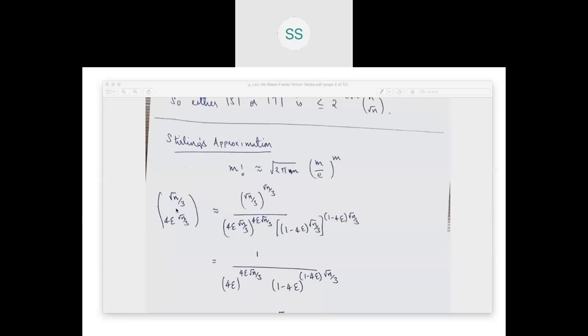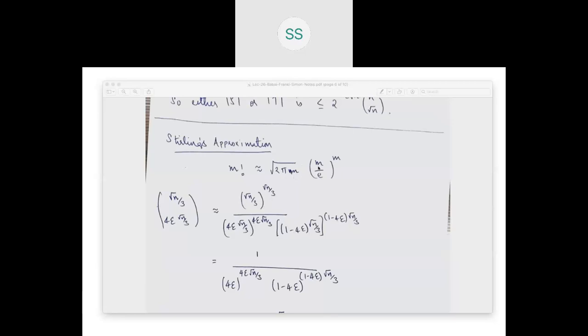And then when you take a binomial coefficient, both the numerator and the denominator of the binomial coefficient have factorials, right? Square root n by 3 factorial here, and here are 2 factorials, 4 epsilon square root n by 3 factorial and 1 minus 4 epsilon square root n by 3 factorial. But the numbers inside these two factorials add up to the numerator. So the e power term will also vanish.